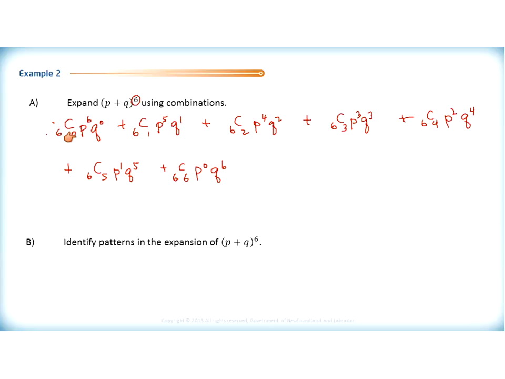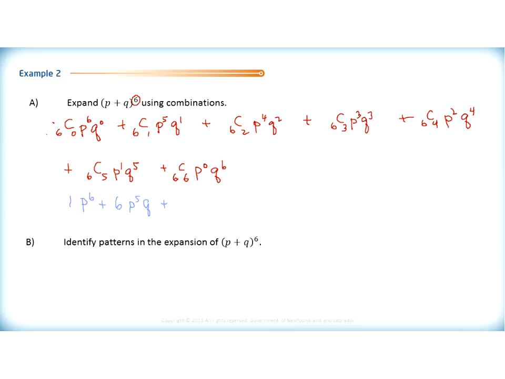Now let's simplify. The C of 6 choose 0, do that on your calculator. It is 1. So I've got 1, p to the power of 6. Plus the C of 6 choose 1 is 6, p to the 5, q. Plus the C of 6 choose 2, I can do that on my calculator.